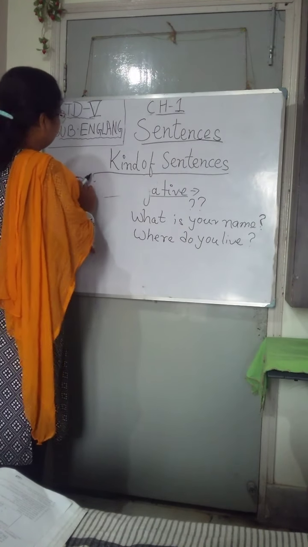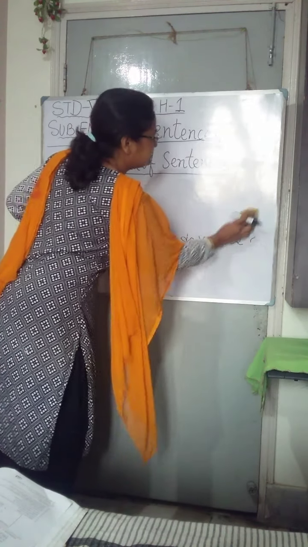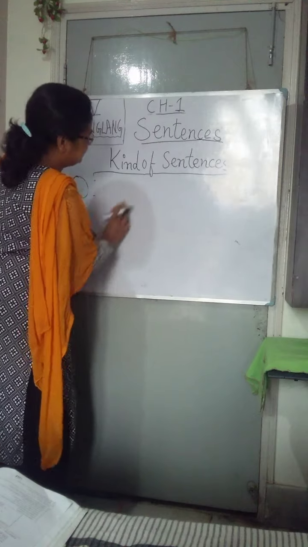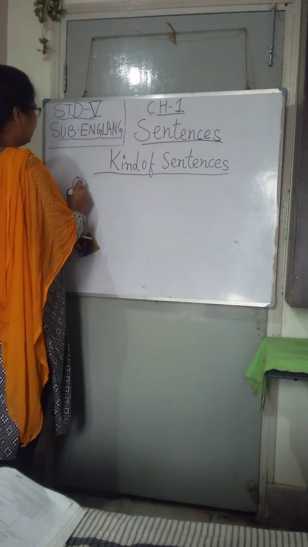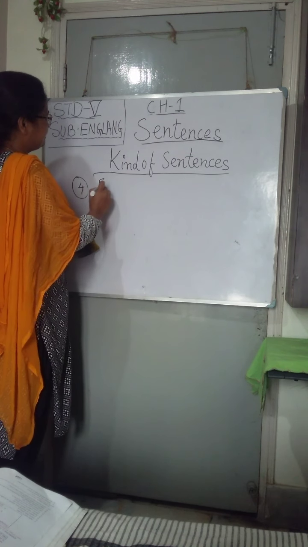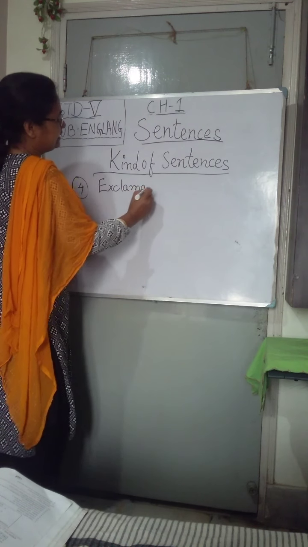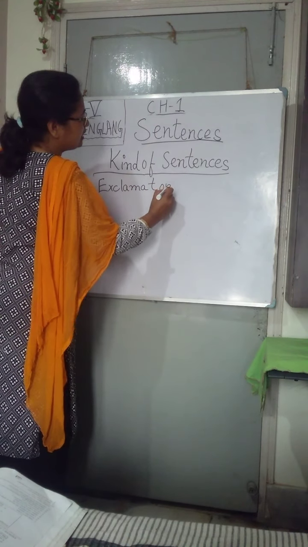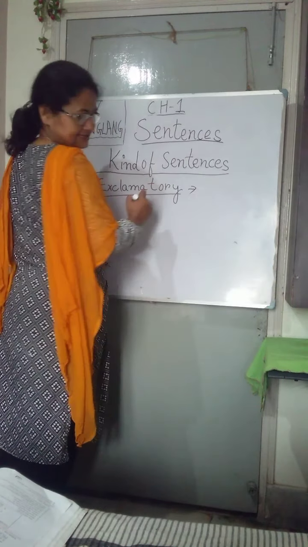The fourth one is exclamatory sentences. Now, what are exclamatory sentences? I think you must have some idea by this time, isn't it? As you are in class 5 now. Exclamatory, E-X-C-L-A-M-A-T-O-R-Y. Exclamatory sentences.